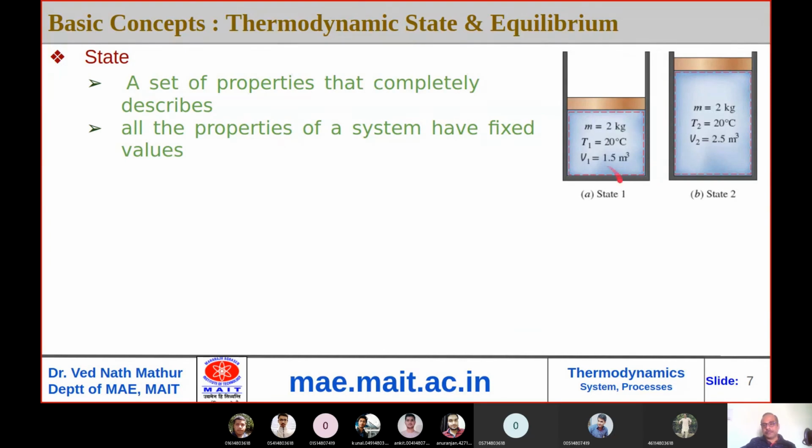So the thermodynamic state of a system can be defined by, say, mass, temperature, volume. Now, due to some interaction, the state can be changed. So temperature, volume can be different. So this state can be represented on a TV diagram by a single point.